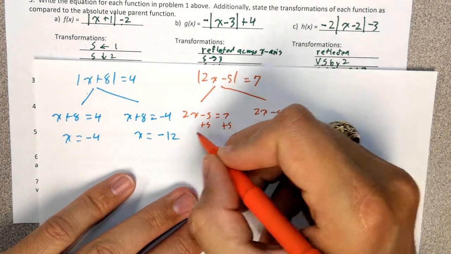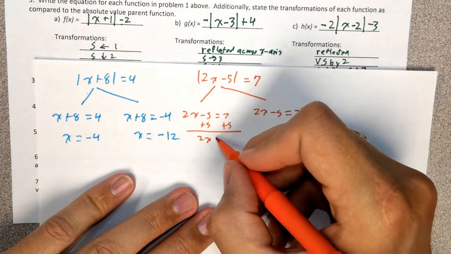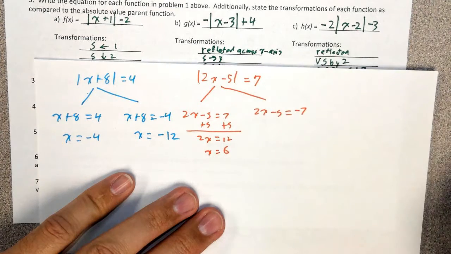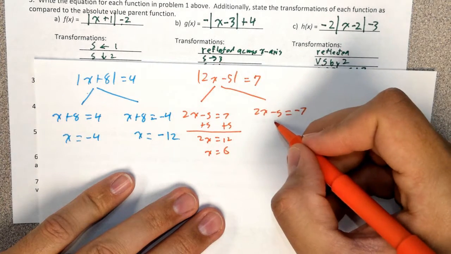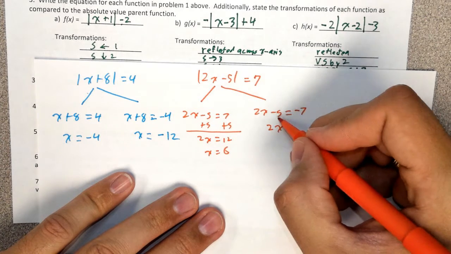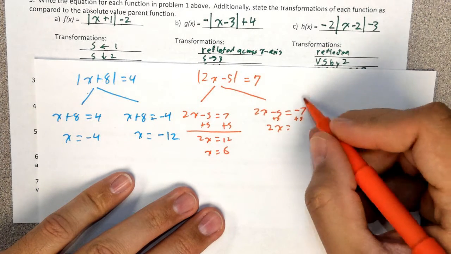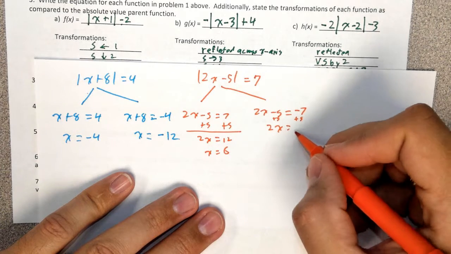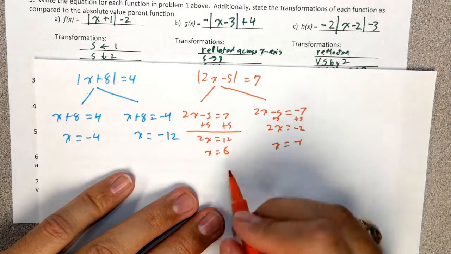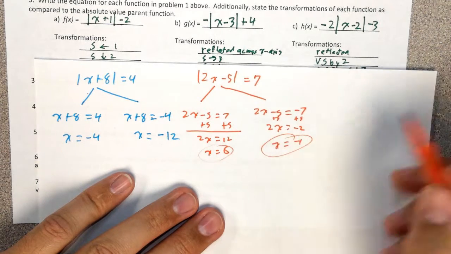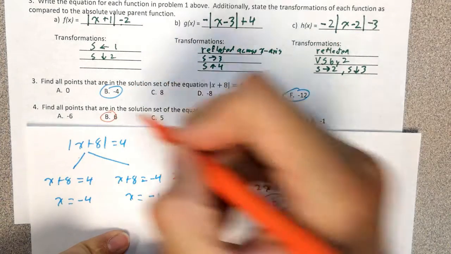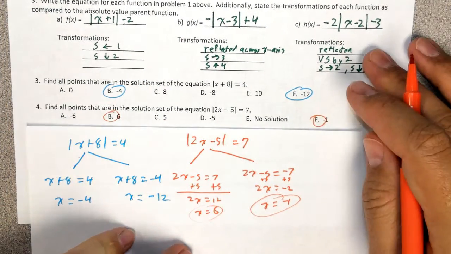Plus 5, 2x equals 12, so x will equal 6 after we divide by 2. Same thing over here. Add 5 to both sides. We have 2x equals, negative 7 plus 5 is negative 2. Divide by 2, we get negative 1. So we have positive 6 and negative 1.